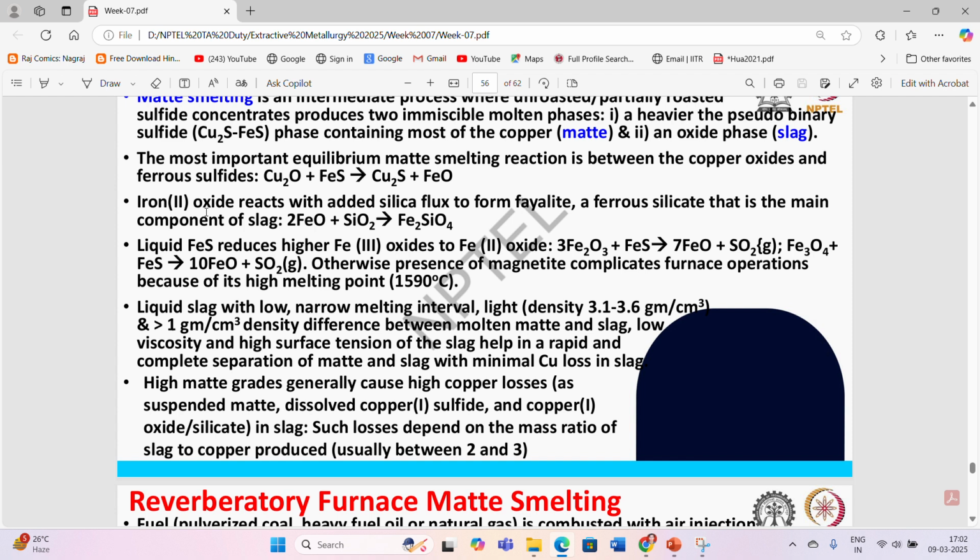Iron oxide reacts with added silica to form fayalite, a ferrous silicate that is the main component of slag material: FeO plus SiO2 getting converted into Fe2SiO4. Liquid FeS reduces higher iron oxides: Fe2O3 with the help of FeS getting converted into FeO plus SO2, then Fe3O4 plus FeS converting into FeO plus SO2.